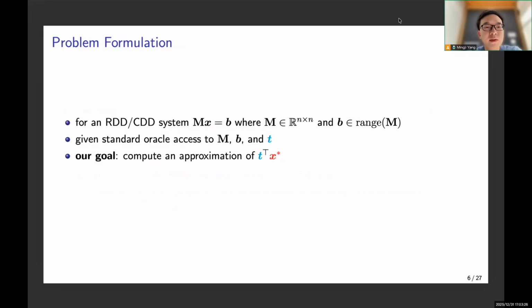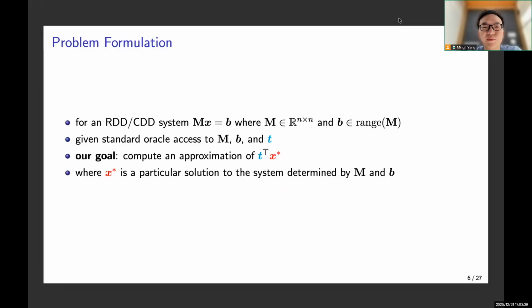And our goal is to compute an approximation of the inner product between the target vector t and a solution x star. So here x star is a particular solution to the system Mx equals b. So we are actually not requiring the matrix M to be invertible, and we will specify what the particular solution x star is that we are going to consider.